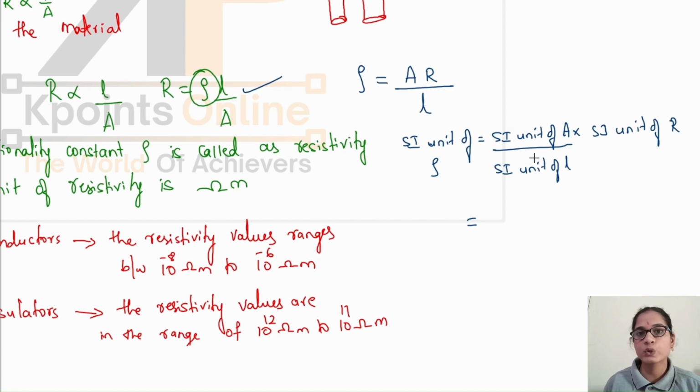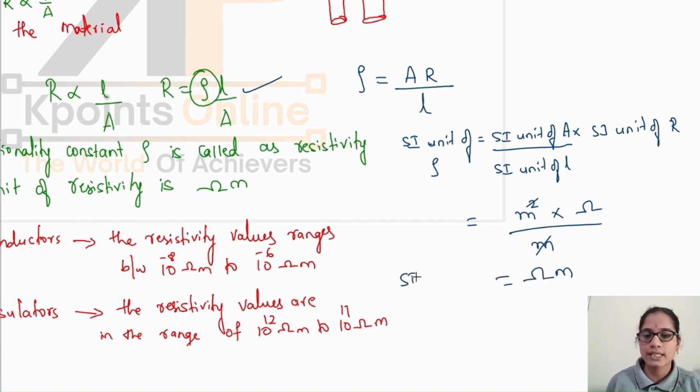So we know that SI unit of area is meter square, SI unit of resistance is ohm and SI unit of length is meter. So these two will get cancelled and we will get ohm meter. So SI unit of rho is ohm meter.